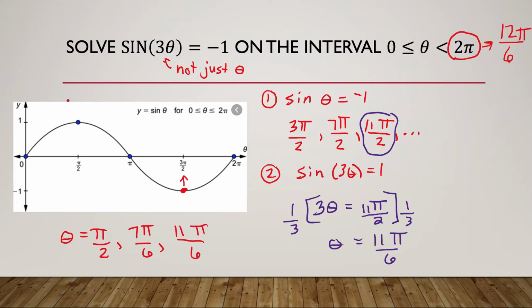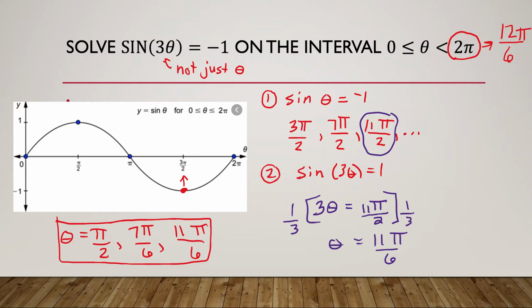So I don't want any answer that's bigger than 12 pi over 6. And when I look at my answers here, I'm already at 11 pi over 6, so that's going to be the end. The next one is definitely going to be bigger than 12 and would get eliminated anyway. All right, so I've got these 3 solutions for my final answers.